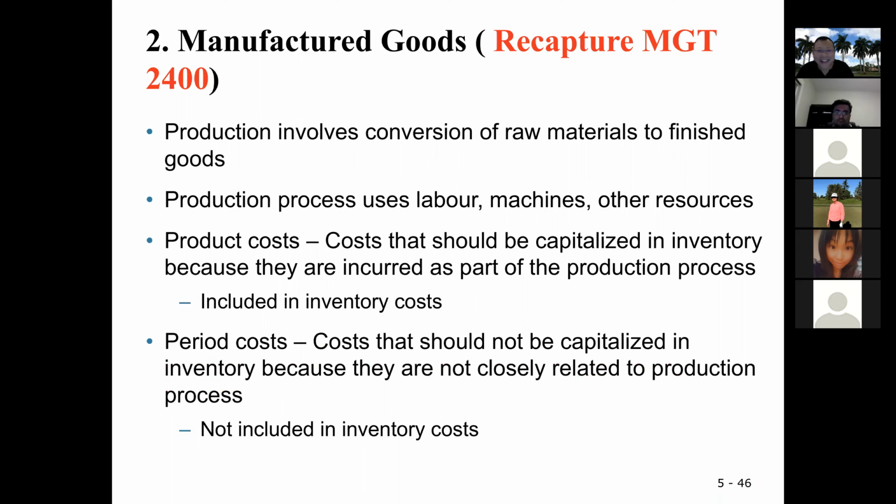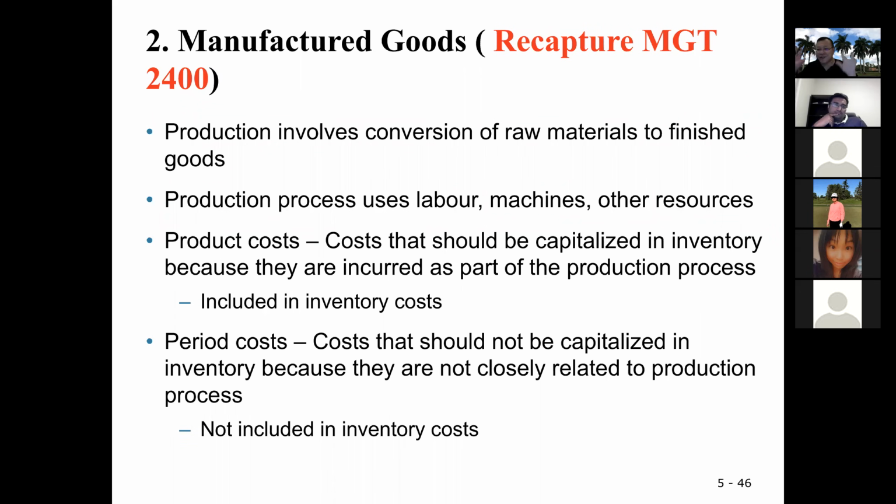Manufactured goods, okay? This is the 2400. I trust all of you have taken introductory managerial accounting, okay? You should all have learned about this manufacturing goods stuff. I'm just quickly recapping some of the things. Production involves conversion of raw materials to finished goods.